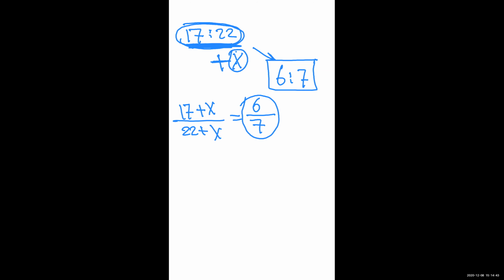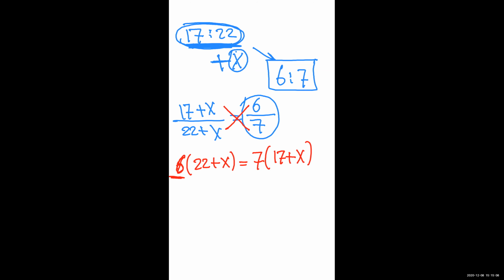Product of means equals the product of extremes, or cross multiplication. So 6 times 22 plus x equals 7 times 17 plus x. Now just multiply 6 by the first term, then by the second term.